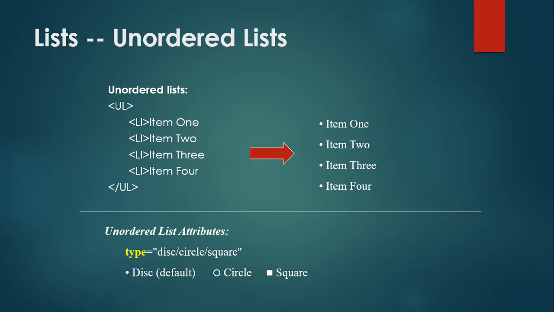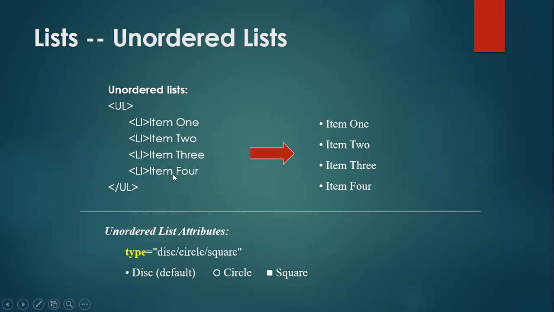After listing all items, we enclose the closing tag. And how do we list the items? With the help of the single tag LI, list item, enclosed in angle brackets.